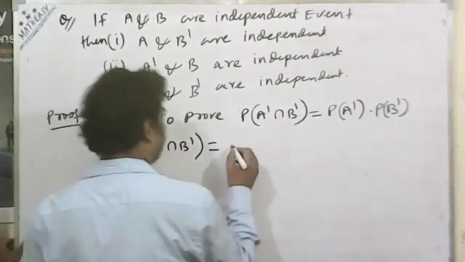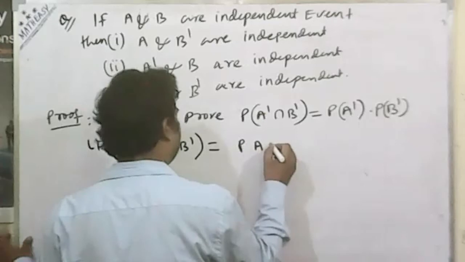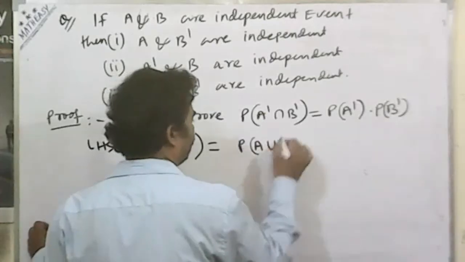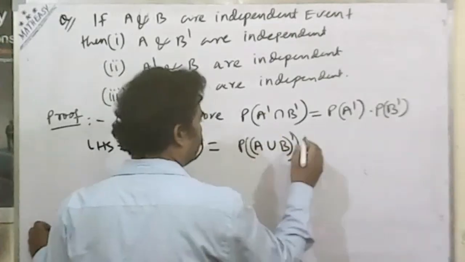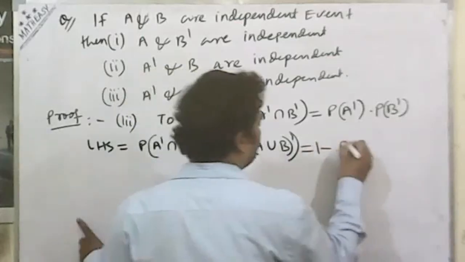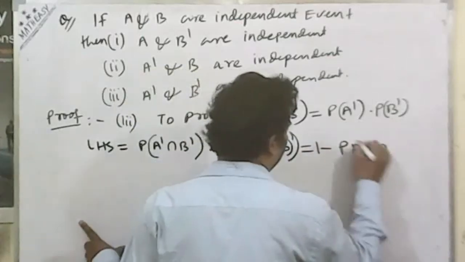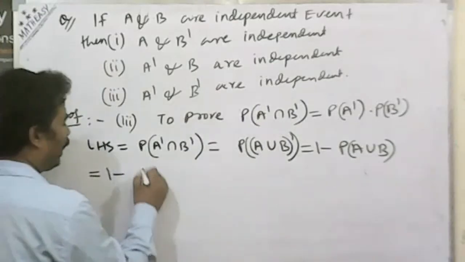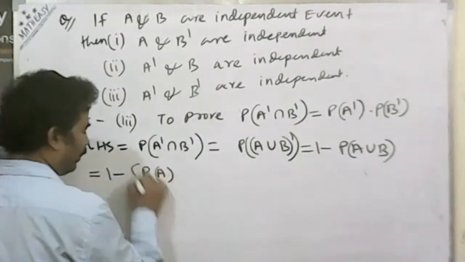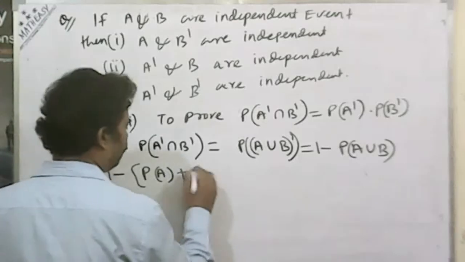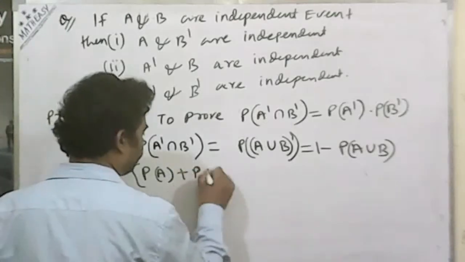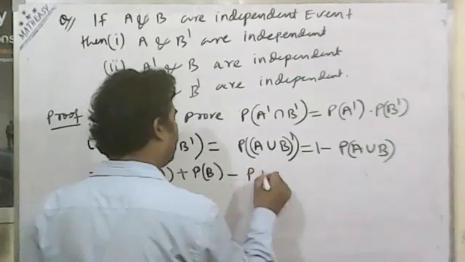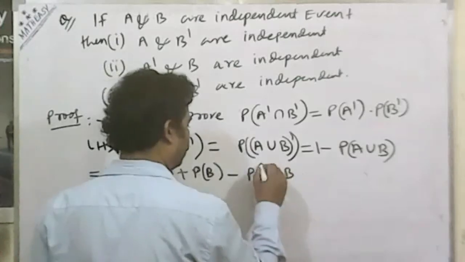By De Morgan's law, it is probability of A union B complement, which is equal to 1 minus probability of A union B. That is equal to 1 minus probability of A plus probability of B minus probability of A intersection B.